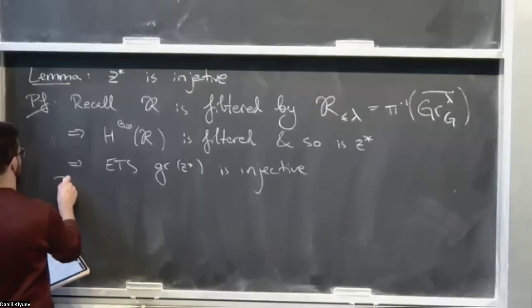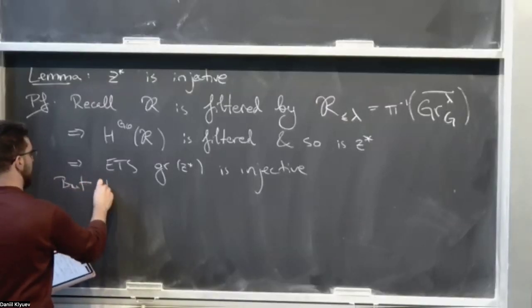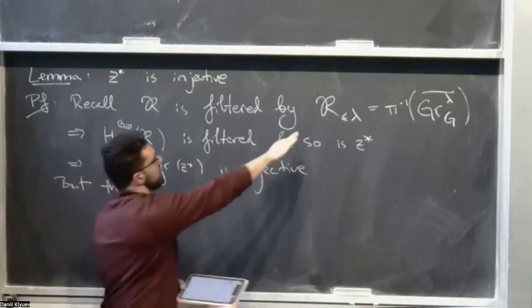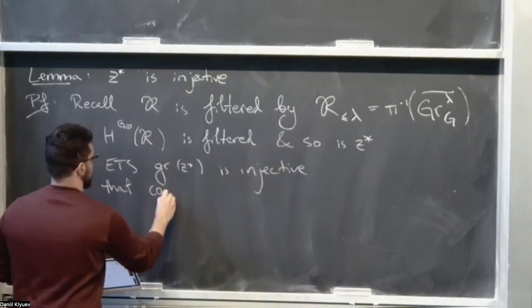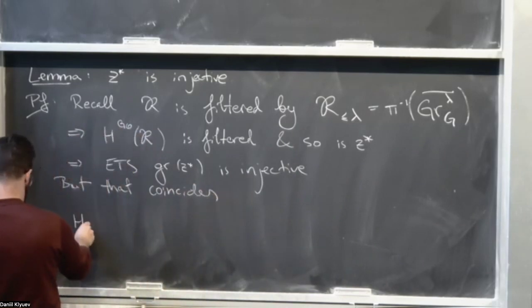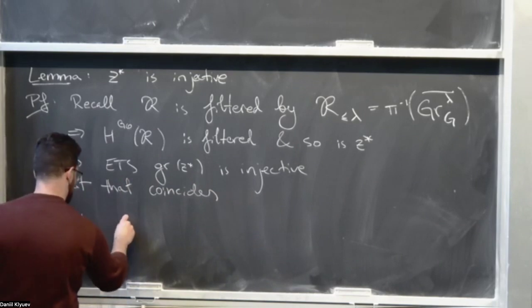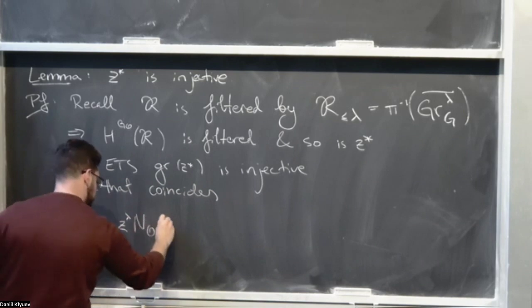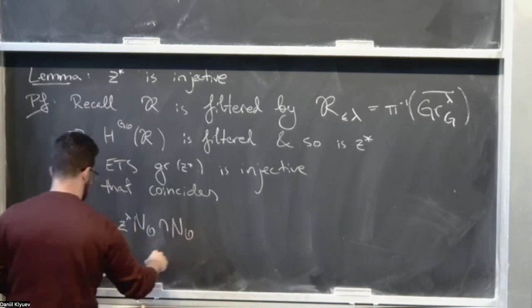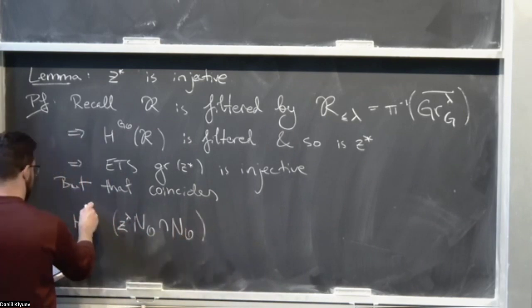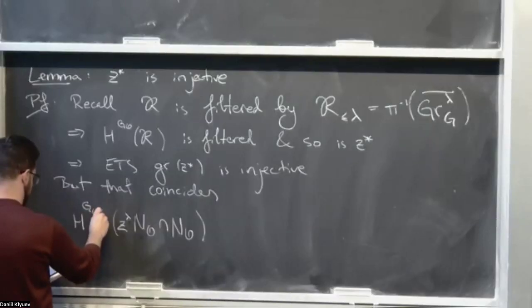Okay, but from the description of these things that we saw before, you can just directly see that this coincides with the following map. Take the lambda NO intersect NO. You take its equivariant cohomology, but it's equivariant with this finite piece where you mod out by Z lambda.